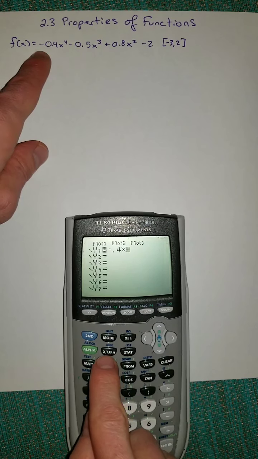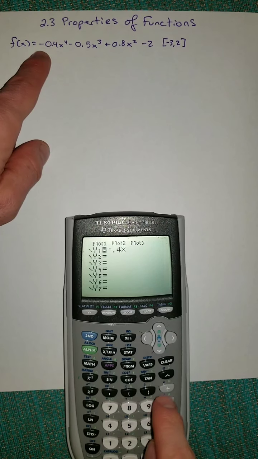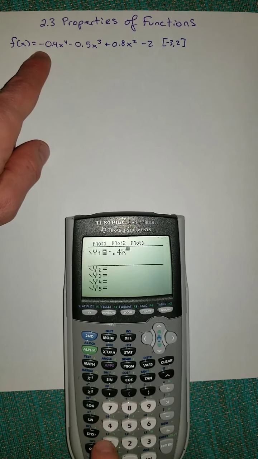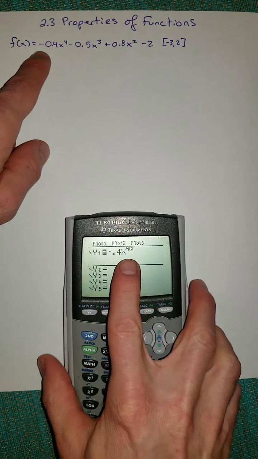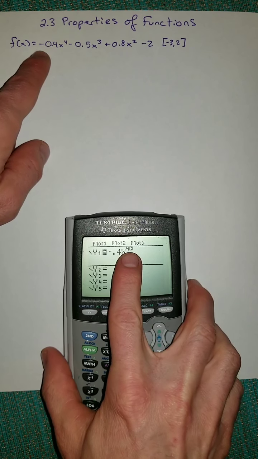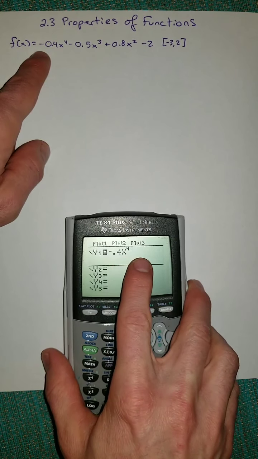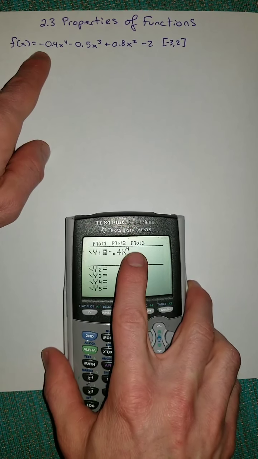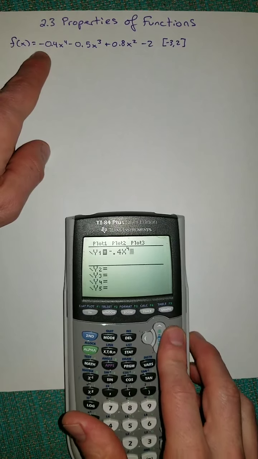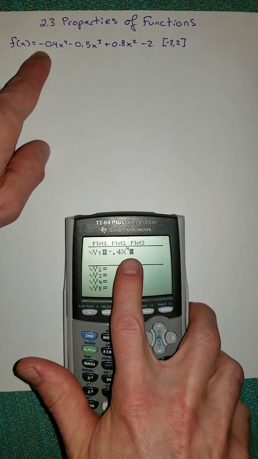0.4x, and this button next to alpha is your variable button. Then we're going to raise it to the 4th power. Now my calculator uses a superscript. Some of your calculators will not do that; they'll keep everything in line with a little caret symbol. If you have the superscript, you need to hit the right arrow to get out of there.